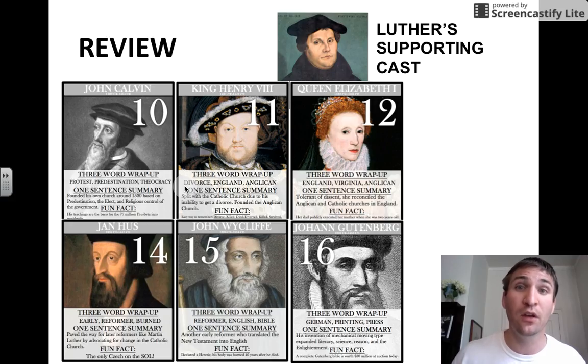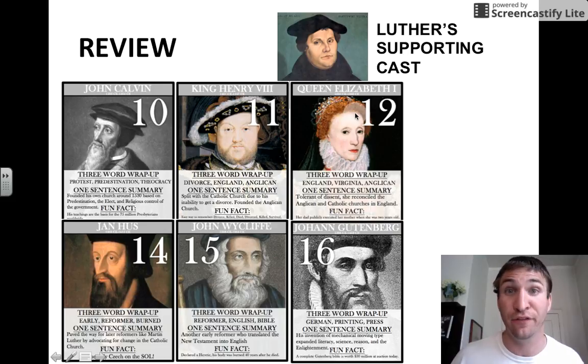Let's review. We have some Protestant reformers. We talked about Martin Luther and his 95 Theses, criticizing the Catholic Church in a very public way, and his supporting cast: John Calvin, who started a theocracy in Switzerland; King Henry VIII, who went against the Pope and divorced his first wife. He also broke away from the Catholic Church.